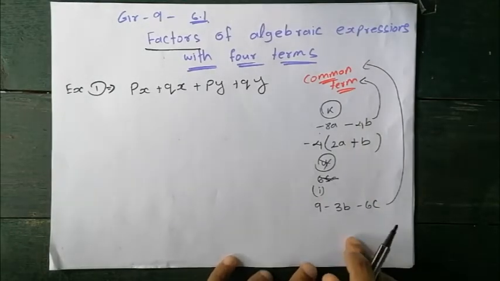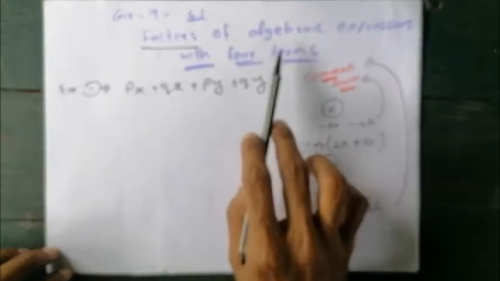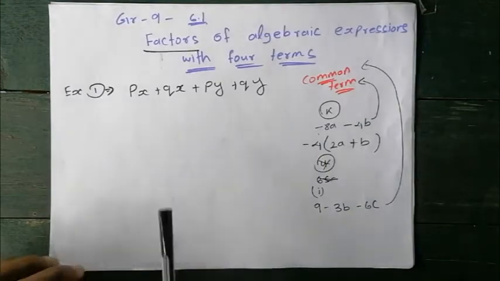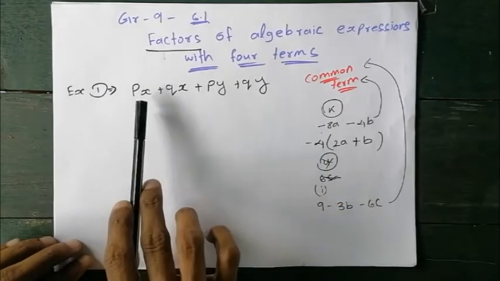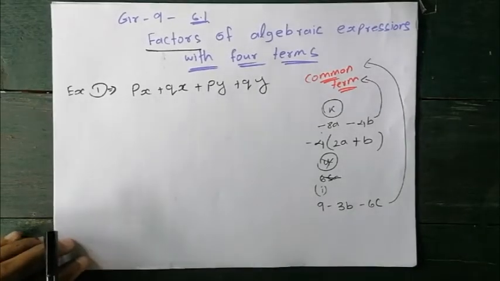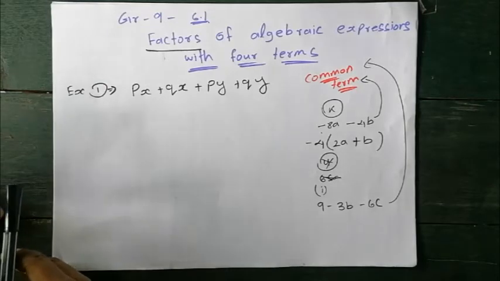In our next part, algebraic expressions with 4 terms, we don't have a common term for the entire 4 terms. That is the main difference we are going to observe.